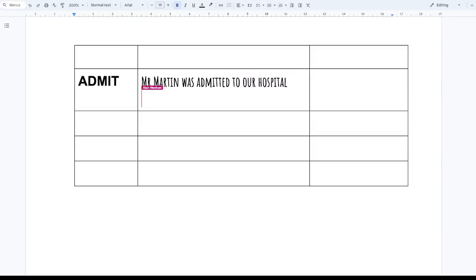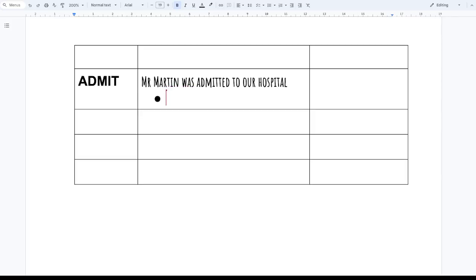Now, important points here. Point number 1, we usually use this for hospitals. Why? Well, the word admit just means allowing someone to go inside.